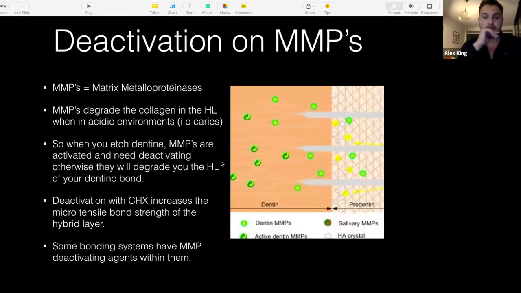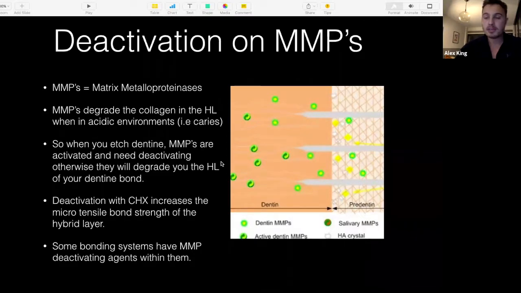So next one, matrix metalloproteinases. So MMPs, what are they? They are naturally occurring enzymes that are in your dentine. What happens during caries is your body kind of goes into self-destruct. When there's a high bacterial load, there'll be high acidic metabolites from the bacteria.